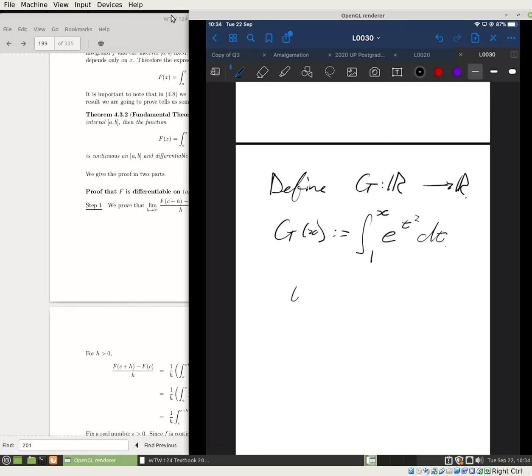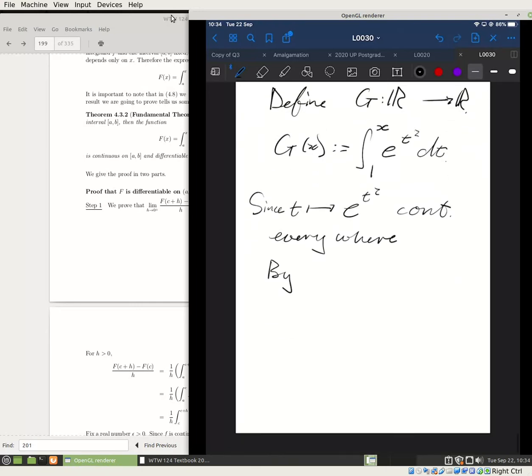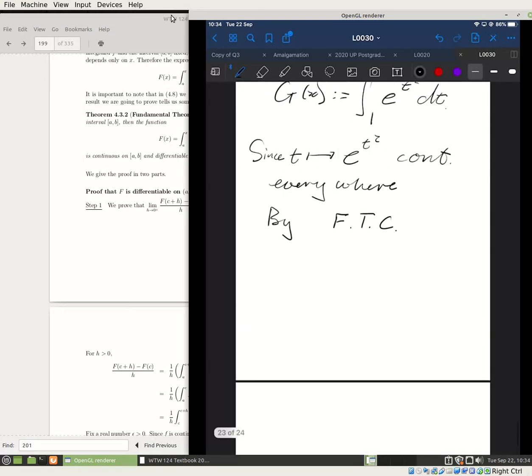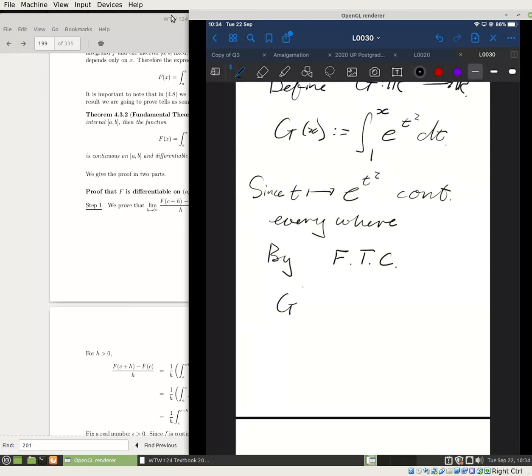And now the function that sends t to e to the t squared, this is continuous everywhere. Since this function is continuous everywhere, by the fundamental theorem of calculus, we can write down what the derivative of g is.